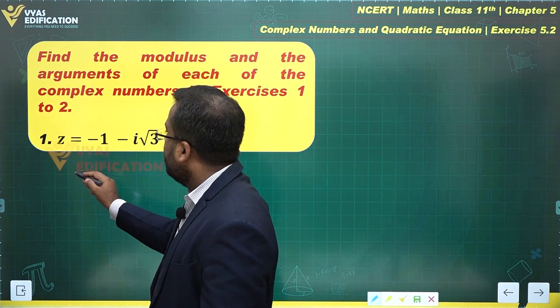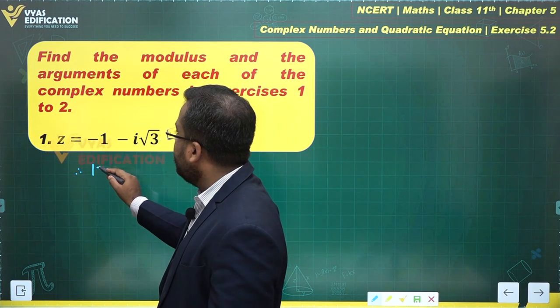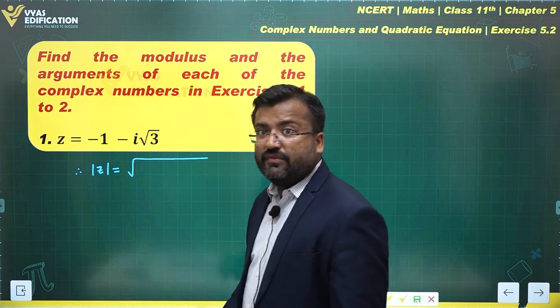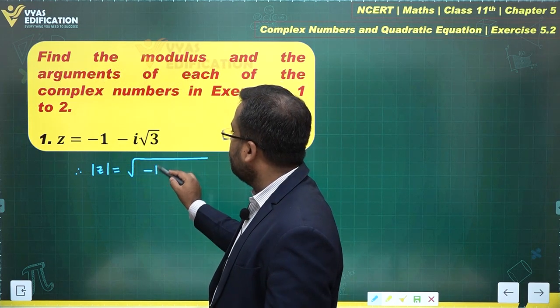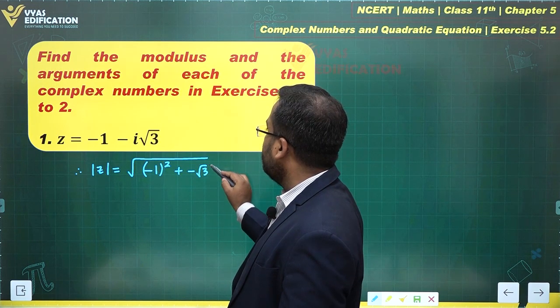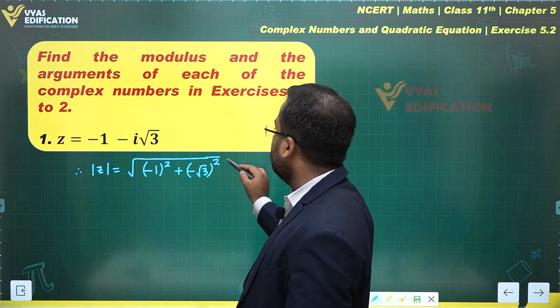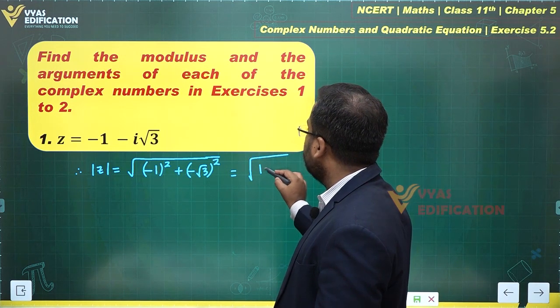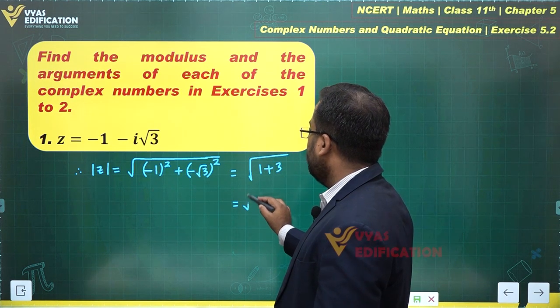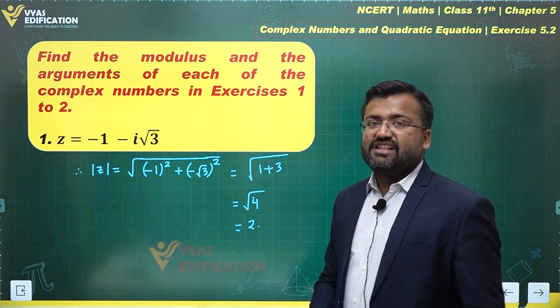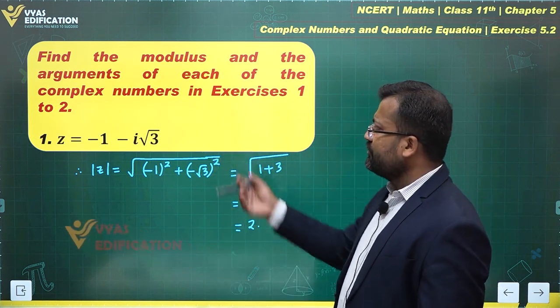Therefore, mod z would be equal to under root of the first term, that is (-1) squared plus (minus root 3) squared, under root. What is this giving me? This will give me under root of 1 plus 3, which is under root of 4, which is equal to 2, simply 2. That's the modulus of z for us in this question.